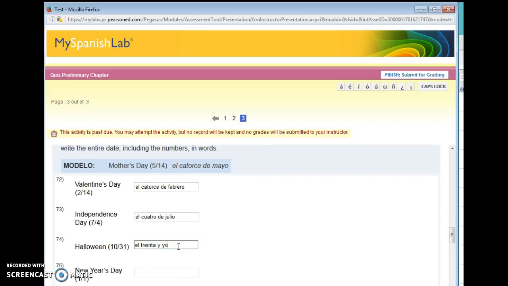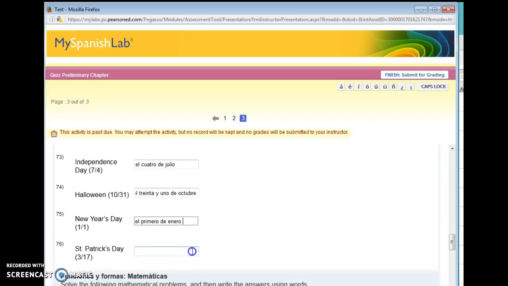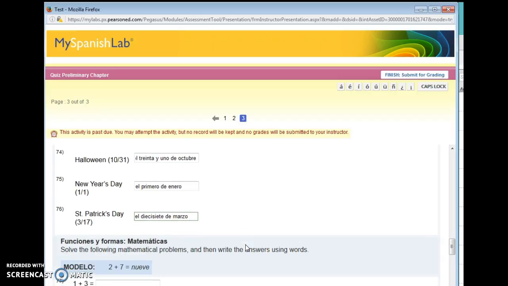El 31 de octubre. This one could be el 1 de enero. Or you can also say el primero de enero. El 17 de marzo. That's how we do dates in Spanish.